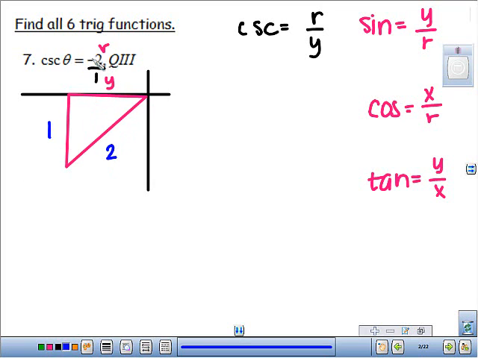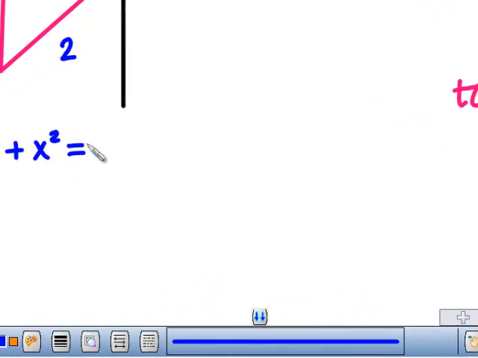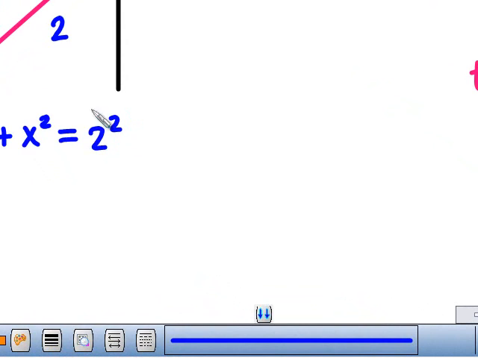Your cosecant value is negative, and that's going to be your y value that's negative, because r is never negative, and in quadrant 3, y is negative. Then we're going to use Pythagorean Theorem to find x right here that's missing. Don't make silly mistakes because you're rushing and do 1 squared plus 2 squared.